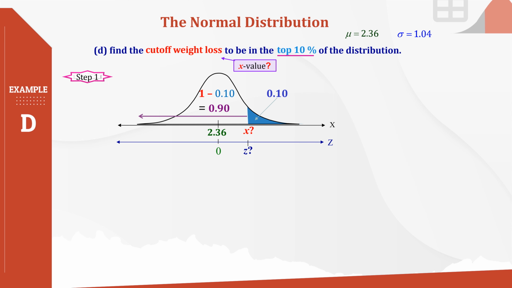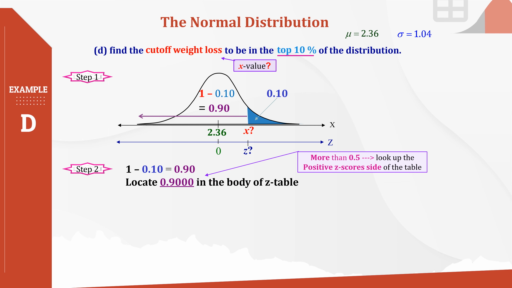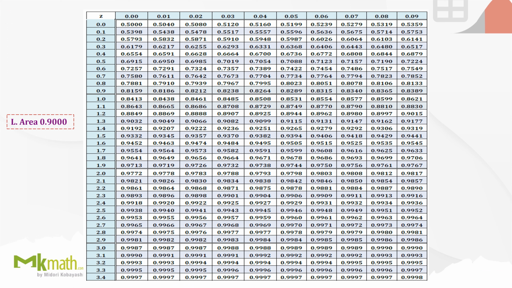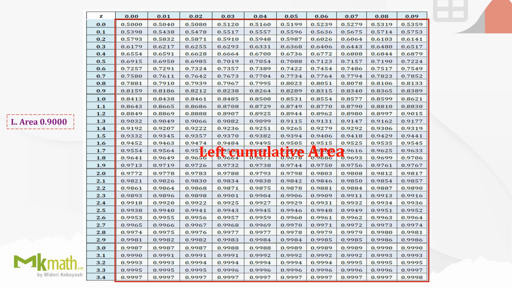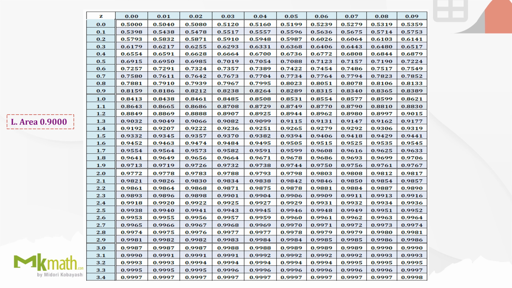Now let's look up at the positive side of Z table to find the corresponding Z score to the left area of 0.9. We need to locate the left cumulative area of 0.9000 or close to it from the inside of the table.